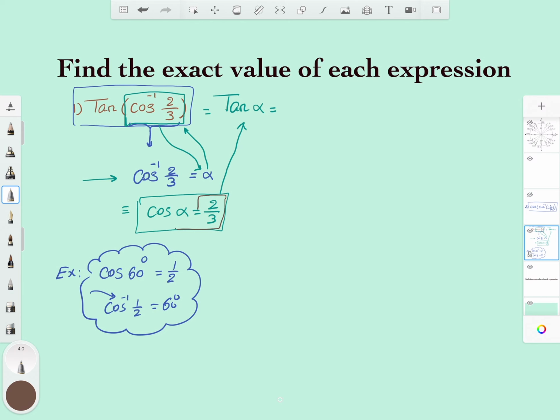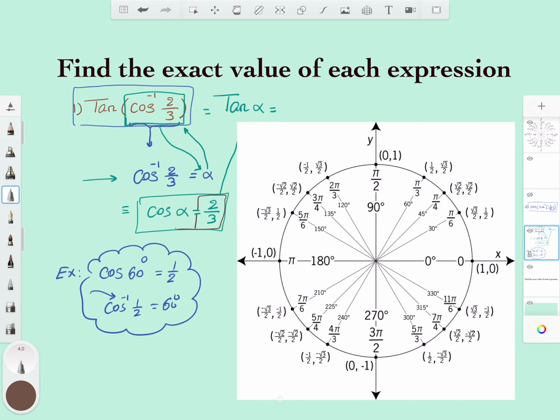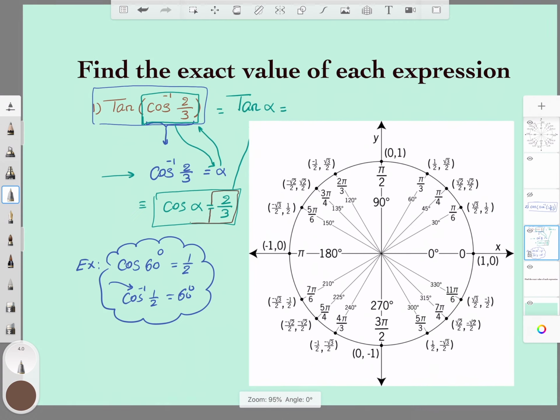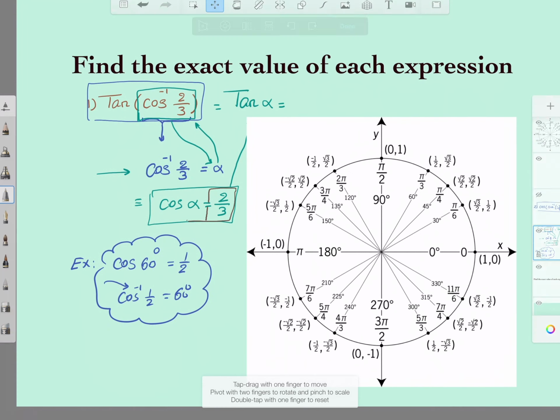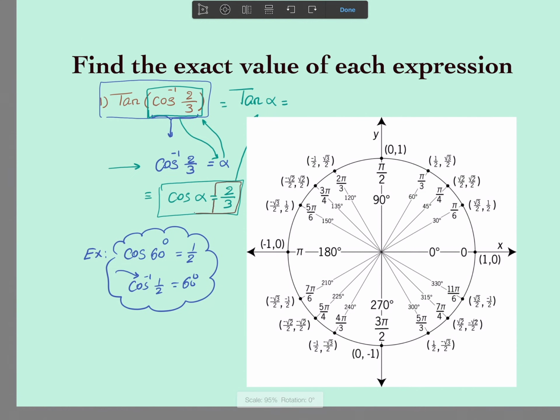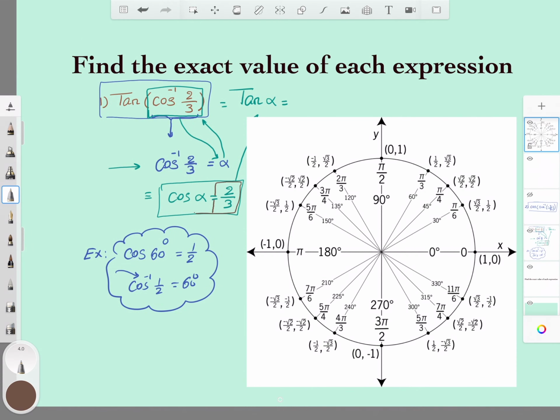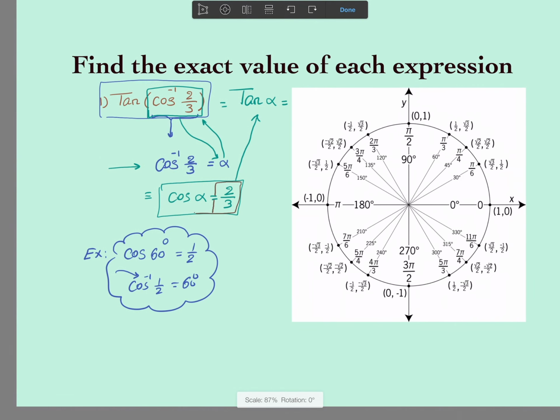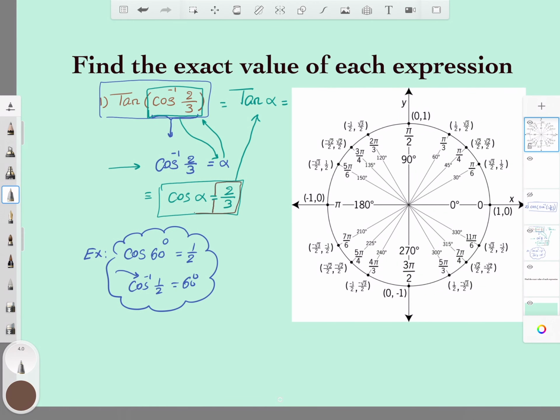Cosine of alpha is 2 over 3. This 2 over 3 is not something that we know on the unit circle. On the unit circle, the values of cosine are 1, radical 3 over 2, radical 2 over 2, 1/2.